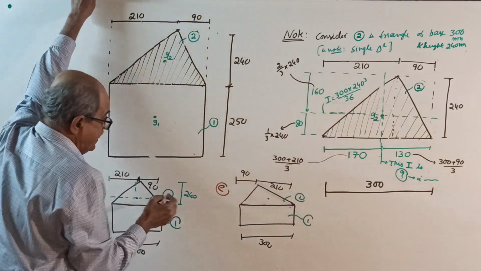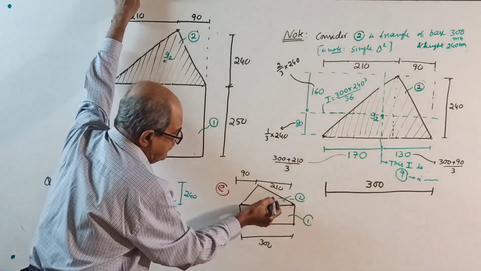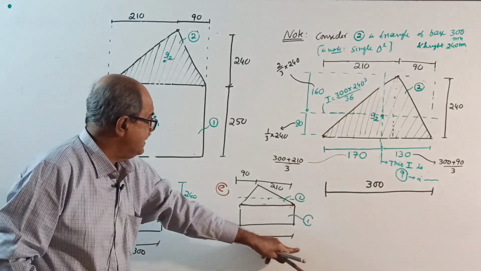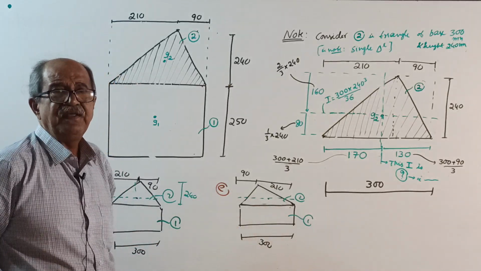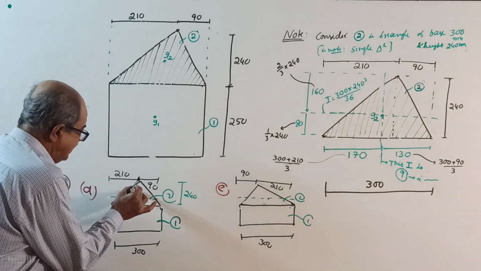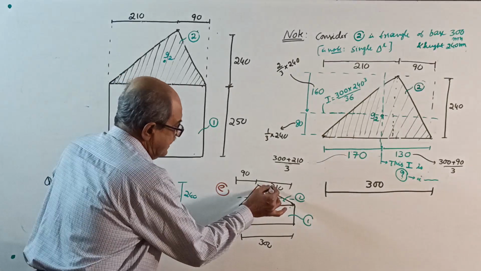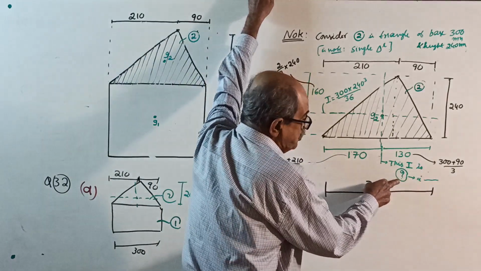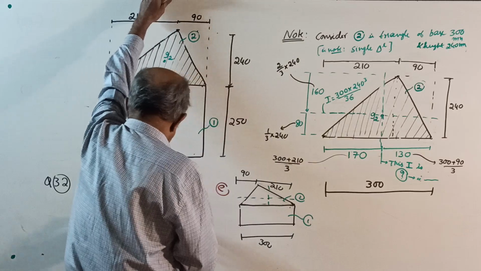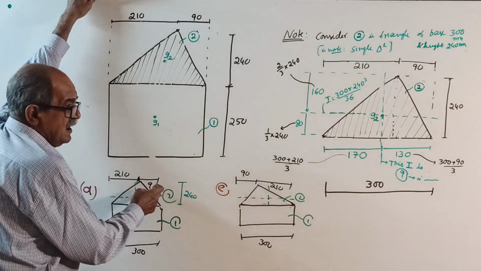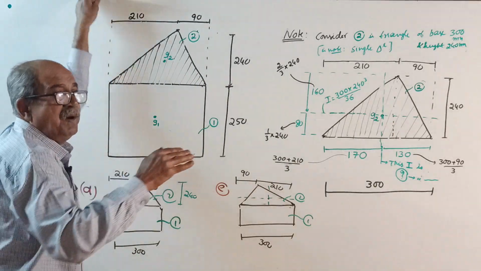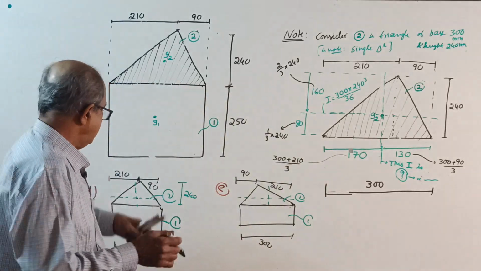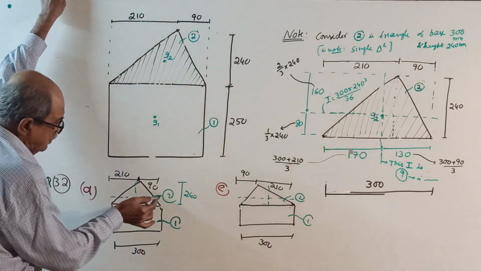Again, you can write BH cube by 36, means 300 into 240 cube divided by 36. But when you want I about this centroidal axis, the problem comes. I wrote here, this I is question mark, I will explain later. Because if it is an isosceles triangle, then HB cube by 48, no problem. Right angle triangle, absolutely no problem. But here, this has got a problem.